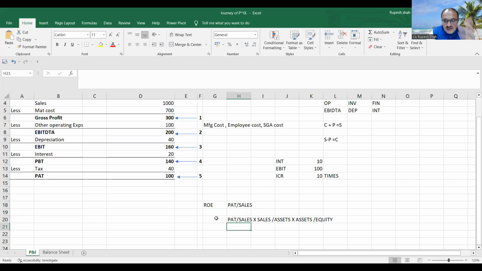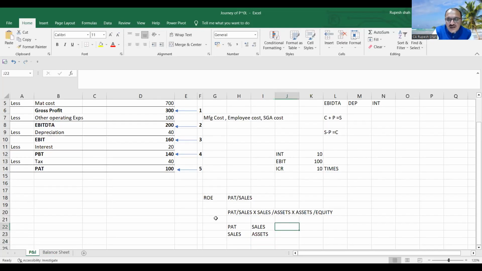This is the formula. Assume this is, divided by, multiply and divide.